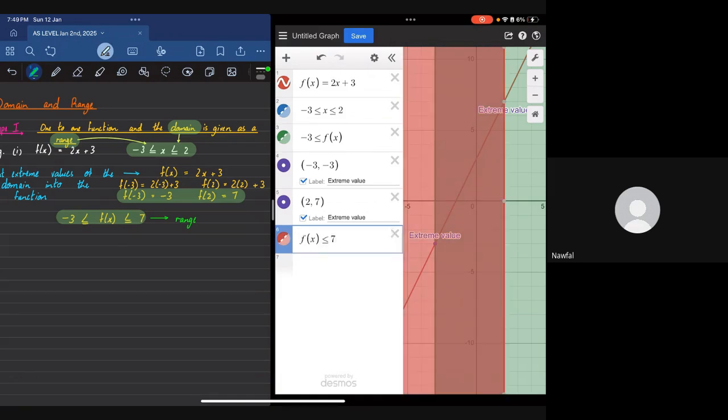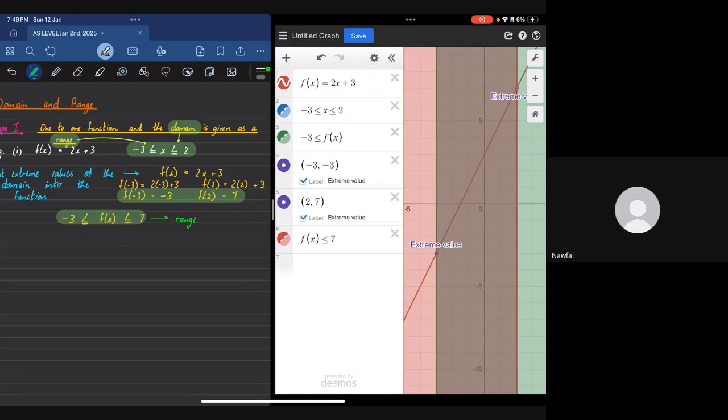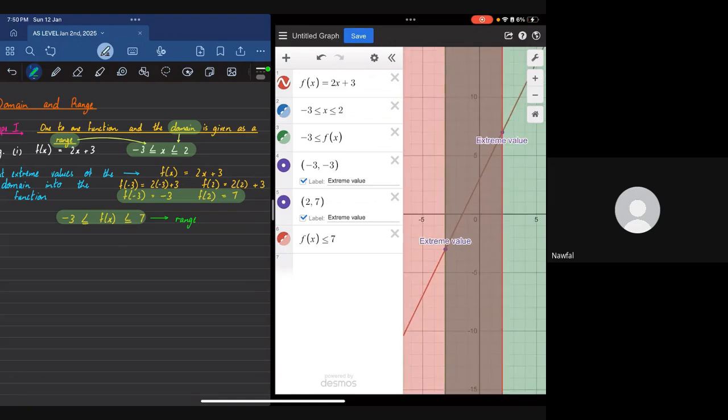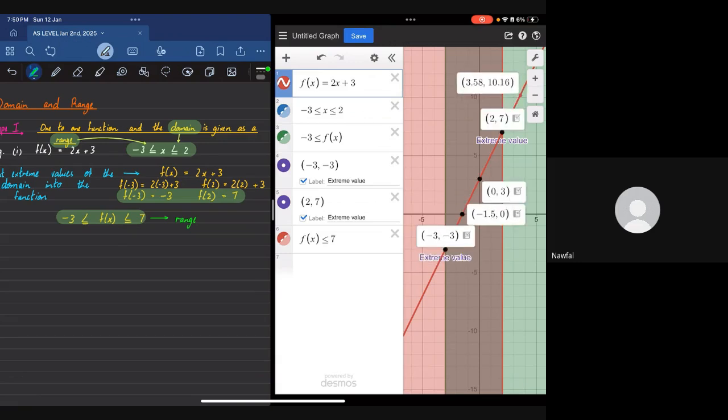Now this region, the middle part, you can clearly see from this extreme value to this extreme value, all the values that lie in between are my range. All the y values, these are all my range values. These cannot be my range values because they exist outside of my domain. My domain is from this extreme value to this extreme value, and all the values that lie in the middle are my range.